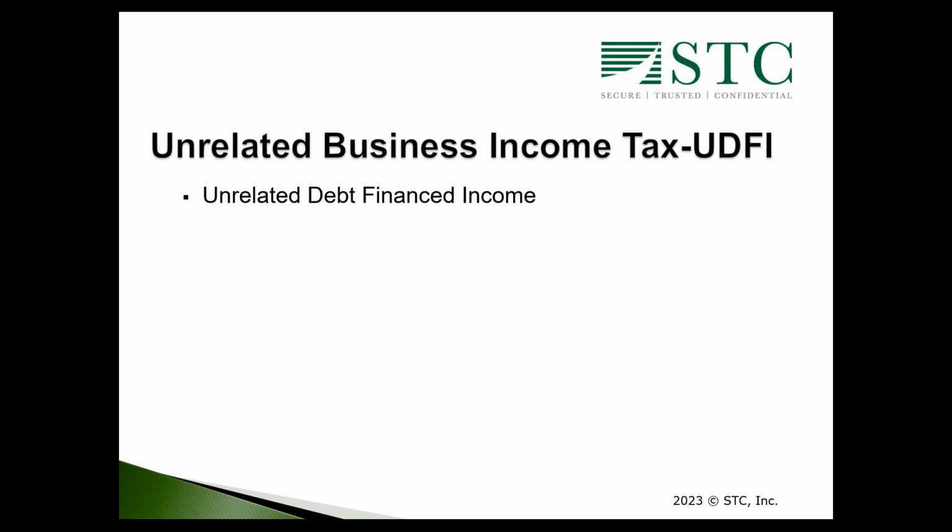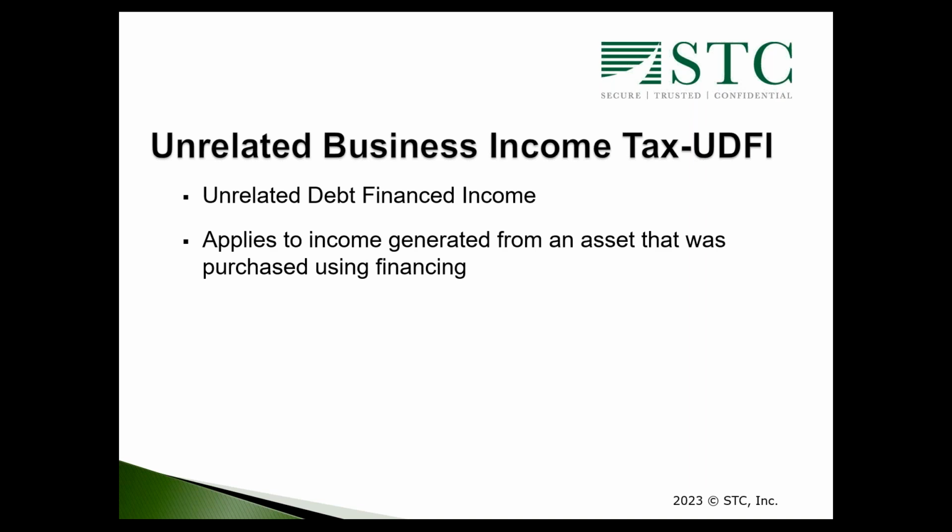So it's UDFI, unrelated debt financed income. This tax applies to income that's generated from an asset that was purchased using financing inside a retirement account, in particular, is what we're discussing. UBIT can relate to other situations, but it does relate in a retirement account as well.